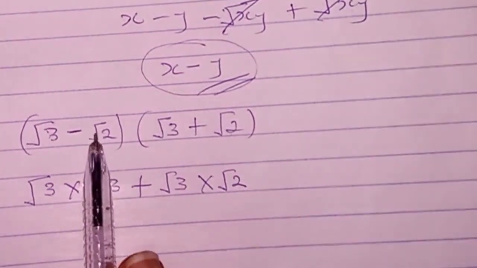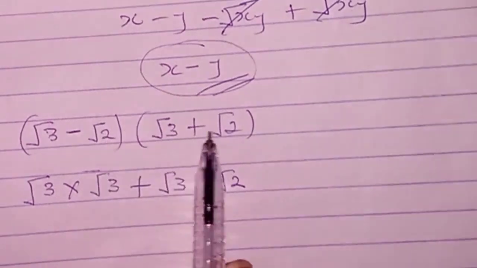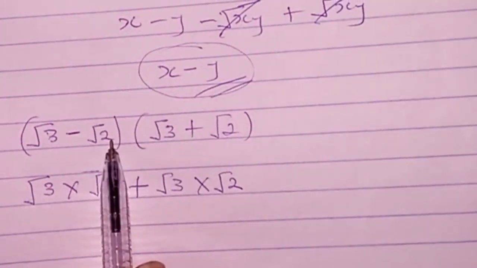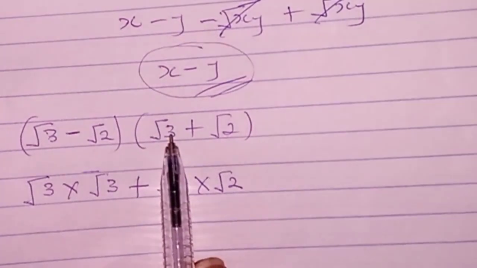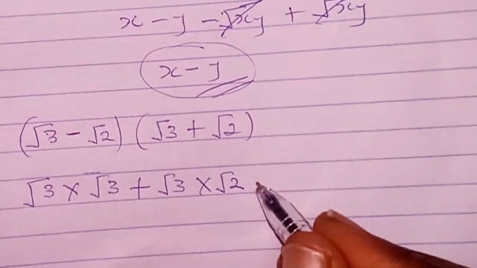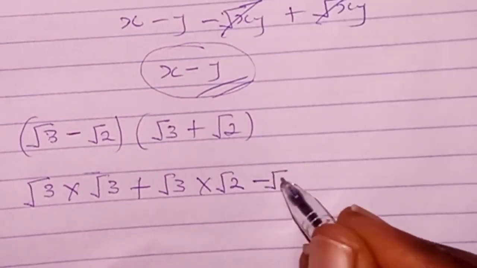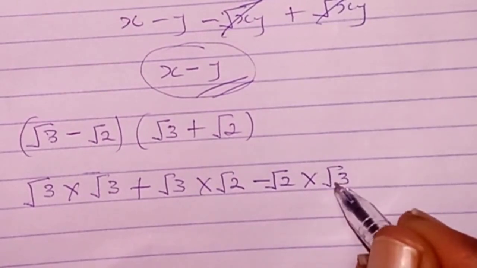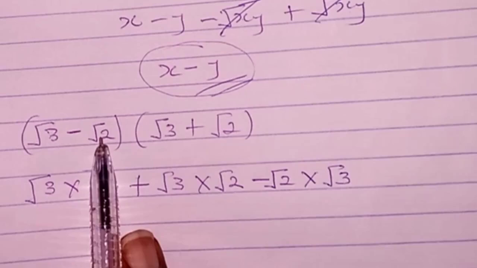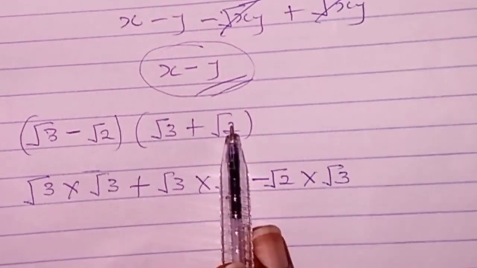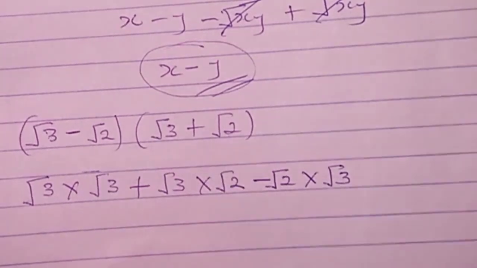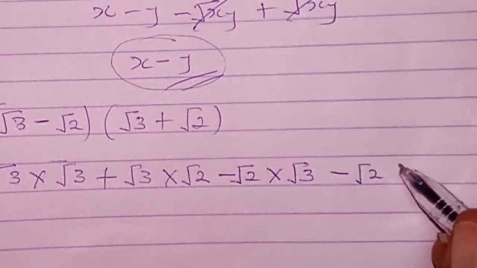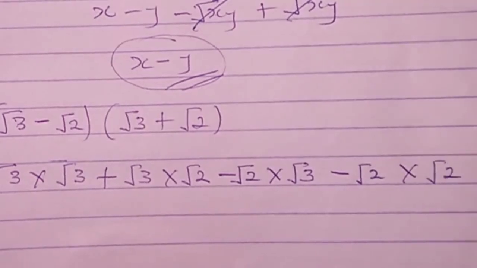Now let's use the second term to multiply what we have in this bracket: minus root 2 times root 3. Then minus root 2 times the second term, which is root 2. So we have here minus root 2 times root 2.